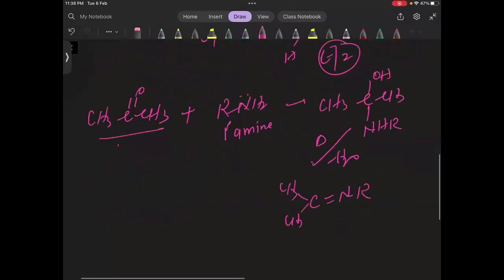Since we have taken the ketone, it will form ketimines, correct?